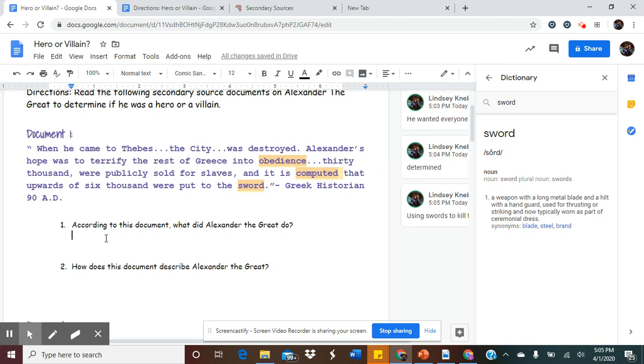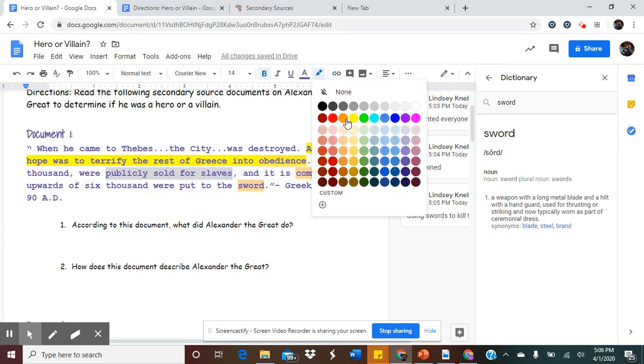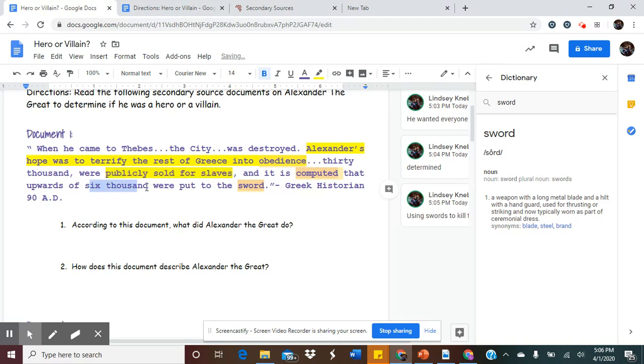So according to this document, now that I actually kind of understand what was going on, I can also highlight what I think is important: he wanted people to be obedient towards him. He wanted people to listen to him. And he did that by selling people into slavery. And 6,000 were about killed, which is pretty crazy. That's a really high number.